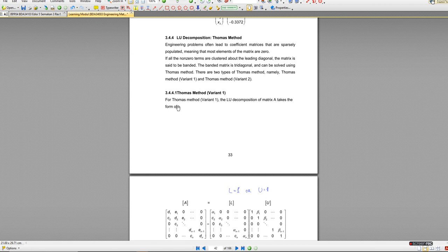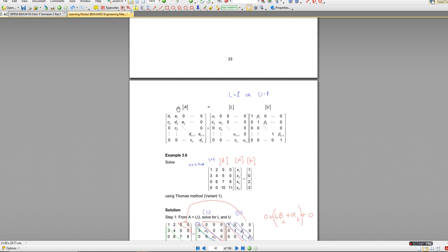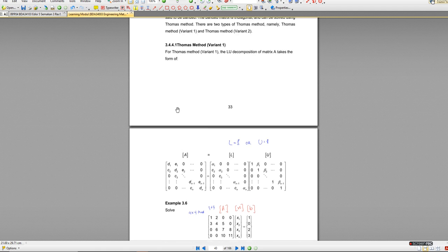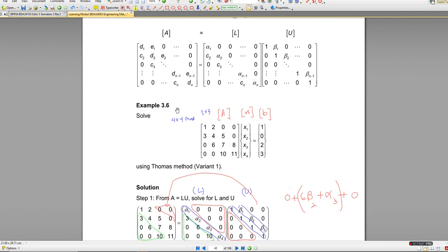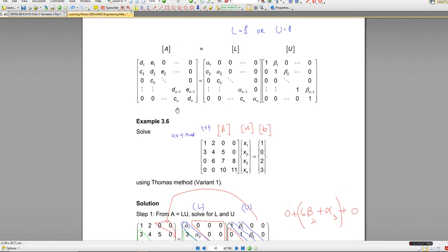Basically, Thomas method variant 1 is the same as Doolittle and Crout. You already know the difference: in Doolittle, L has 1 on the diagonal, and in Crout, the diagonal of matrix U is 1. For Thomas method variant 1 they are slightly the same, but the difference between matrix L and U is the arrangement and location of the symbols alpha and beta.